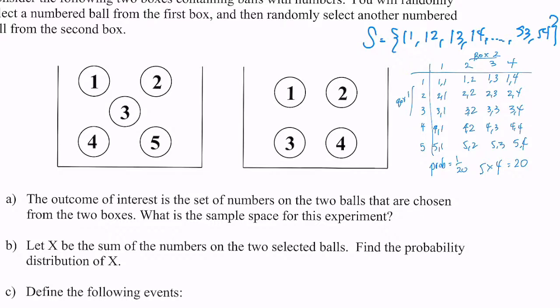Okay, part B. I'm going to define now a variable x as the sum of the numbers on the 2 selected balls. So you pick one ball from here with a number and one ball from here with a number, and you add the numbers. The sum will be the outcome.